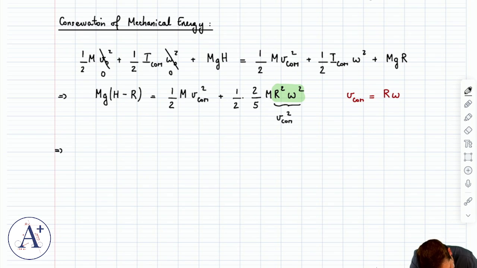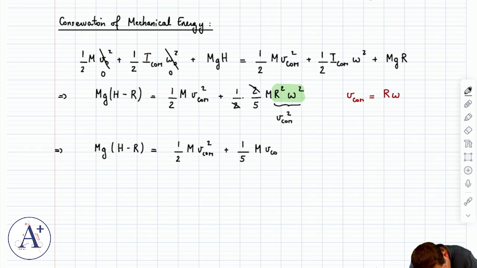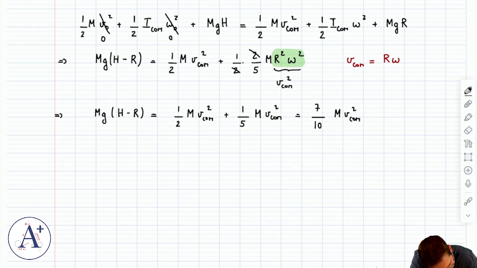Okay, so I get mg(h minus r) is equal to 1/2 m v center of mass squared plus 1/5 m v center of mass squared. That's going to be 5 plus 2 is 7 over 10 m v center of mass squared.